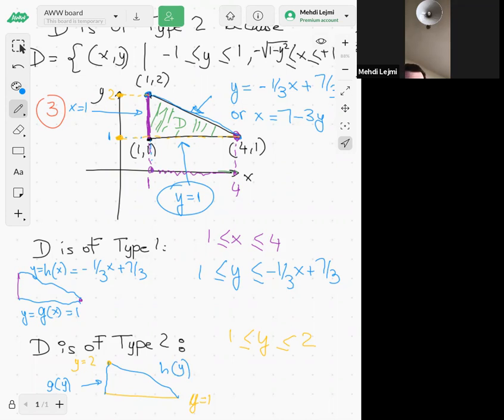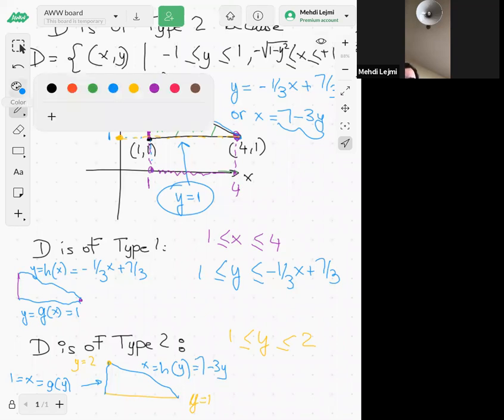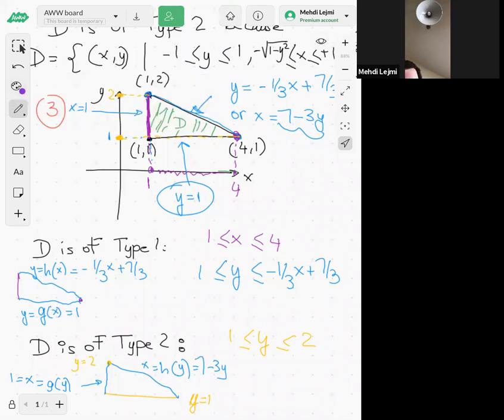So g of y, which is equal to x, is equal to 1, and this h of y, if you solve for x, we said we would have x equal to 7 minus 3y. So what we are saying here, guys, is that x would be between g of y and h of y. So x is between 1 and 7 minus 3y.